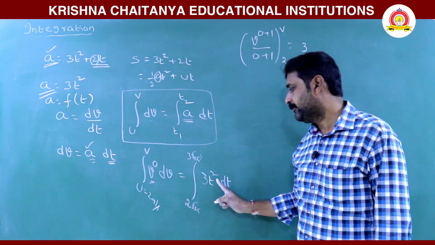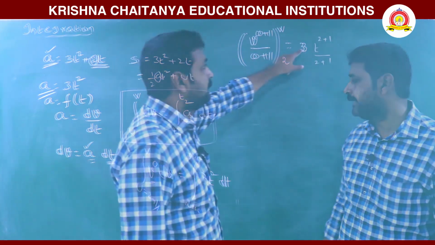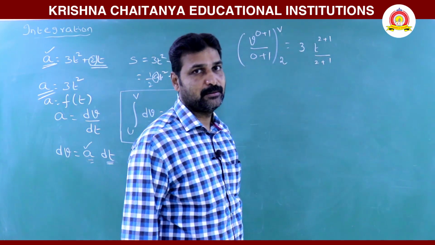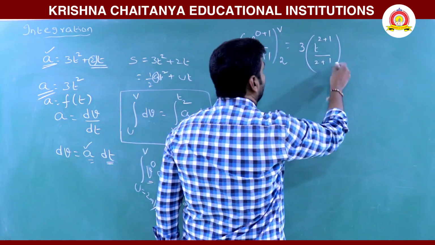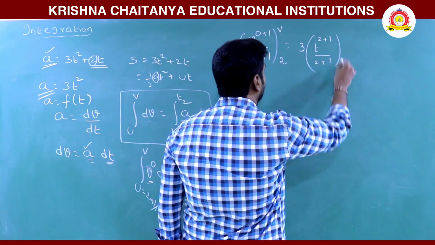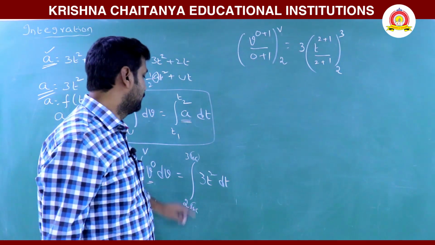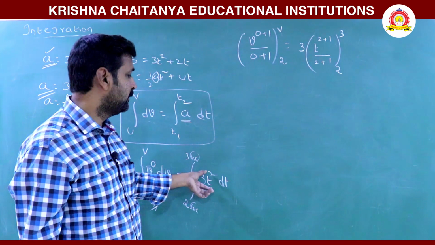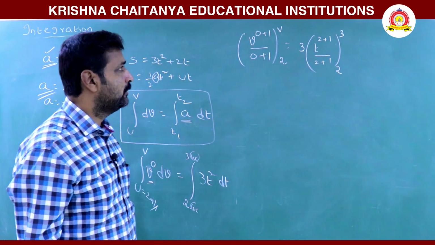When it is multiplied by t squared, you can take it out of the integration. So 3 into t power 2 plus 1 by 2 plus 1. So here limits 2 to 3 seconds. 3 would not be integrated. Why? Because it is a constant multiplied with the variable. It can be taken out of the integration.